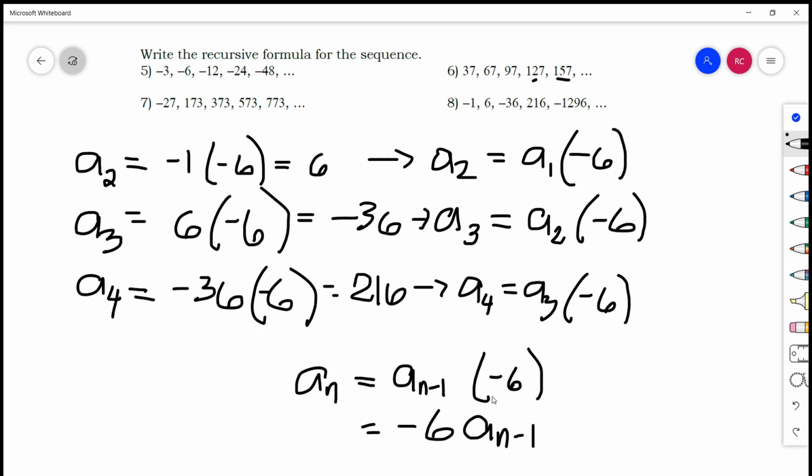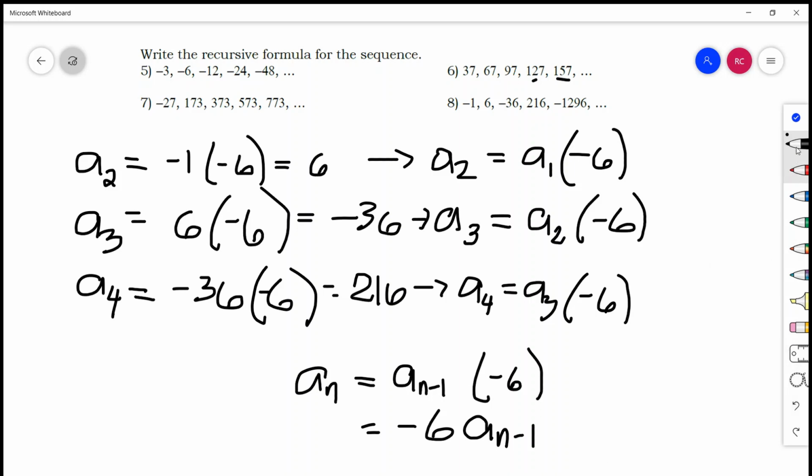Okay, so our fifth term, what will be our fifth term? So if we are going to multiply 216 by negative 6, we will get 1296. So bahala na kayo mag-solve sa fifth term and then the sixth term. Okay, so let's continue.